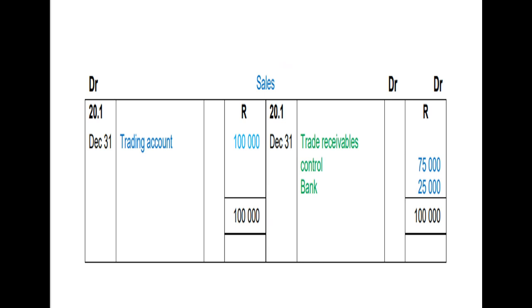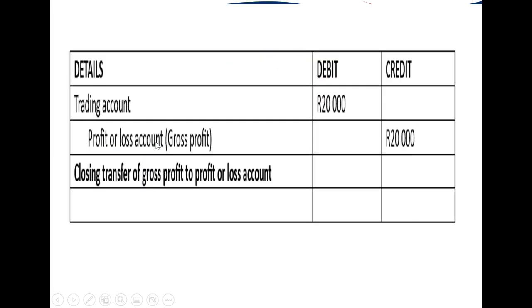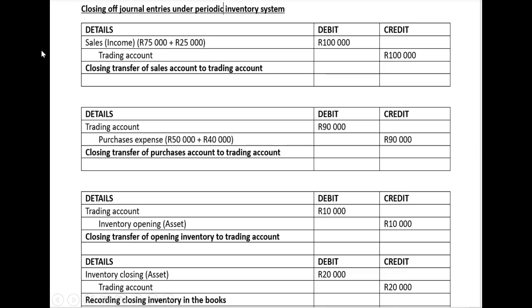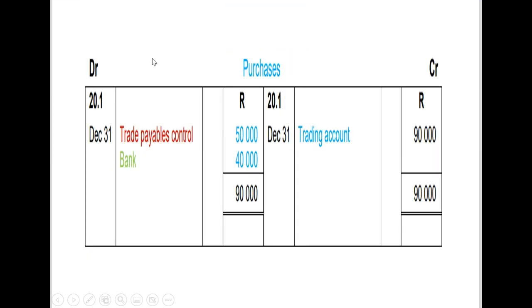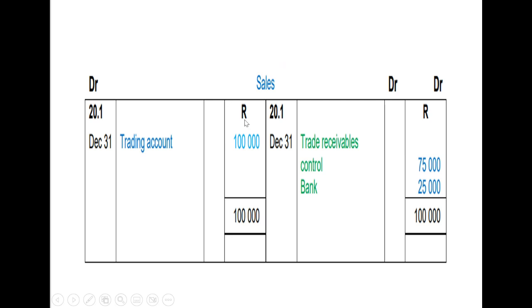By what was credited. When we debited sales income, what is it that we credited? We credited our trading account. This journal entry is also here. We've done it. We said debit sales, credit trading account. So when you go to the sales account, it is debited by 100 because we have credited the trading account. So both sides now are equal.